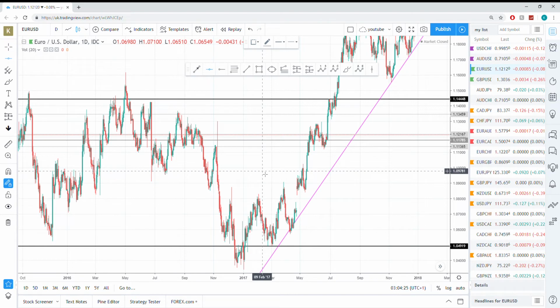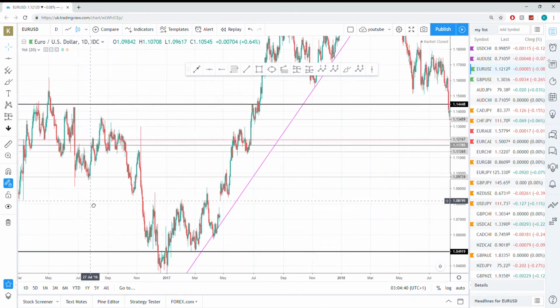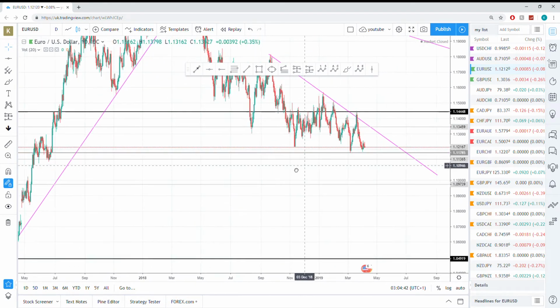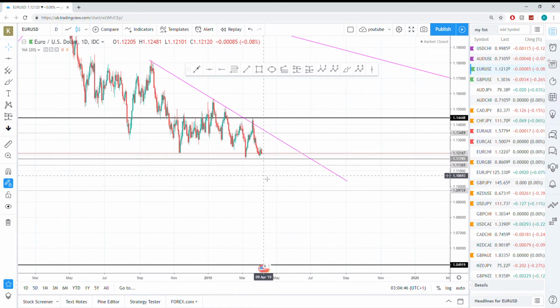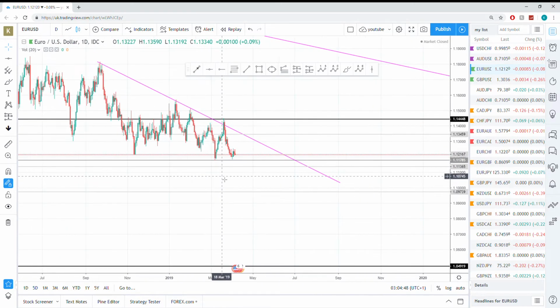We've got sensitivity, we got rejection here but then it burst through, and we have sensitivity here. So this is more than 3 times, which is like the golden rule in all kinds of trading aspects. So that would be good.